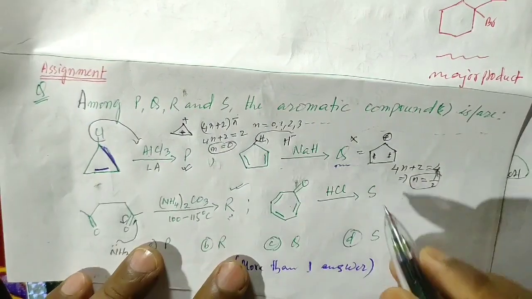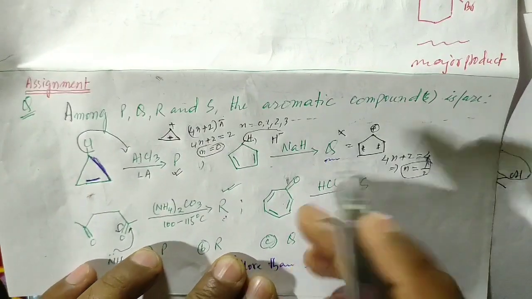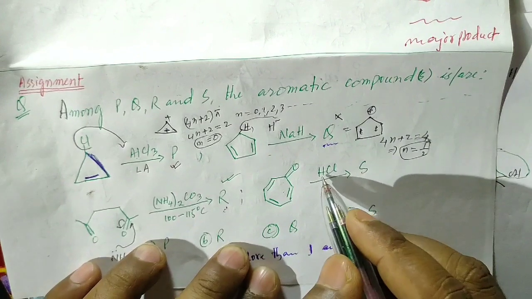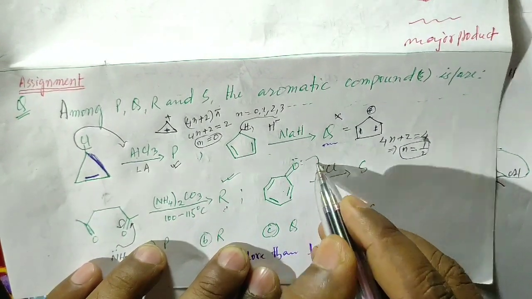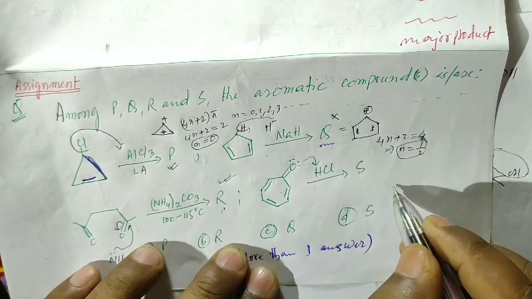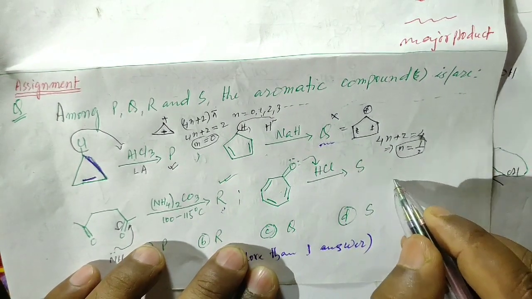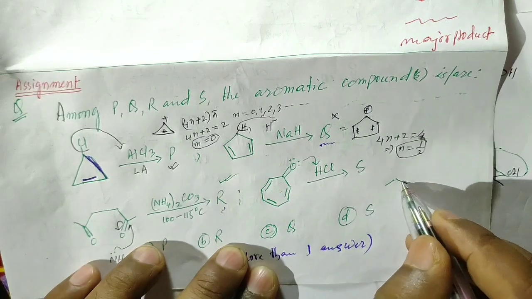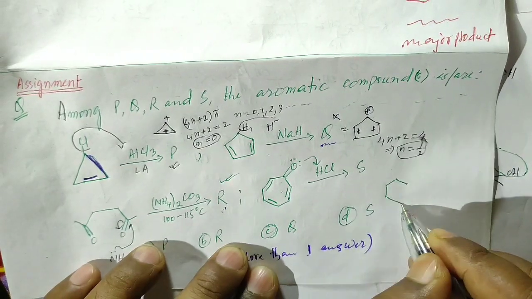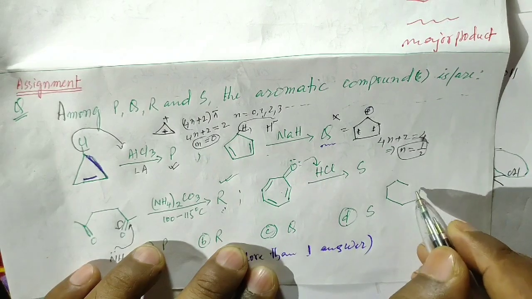Now let us check about S. When it is reacted with H plus, this lone pair of electrons will react with hydrogen. So S will look like this.